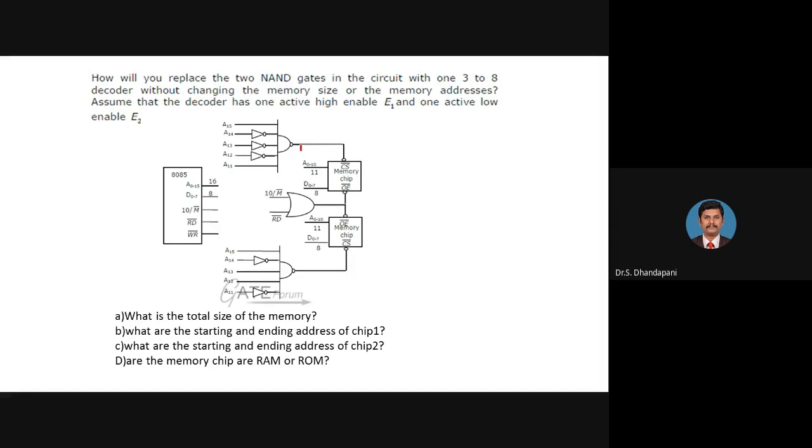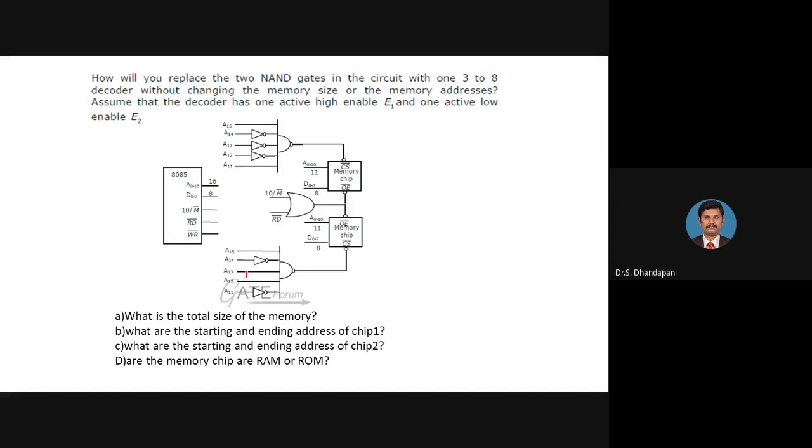The output of this NAND gate is 0 when this line is 1 and these three lines are 0, the last line is 1. Or in other words, 1, 0, 0, 0, 1 means this IC is selected. For the next IC, 1, 0, 1, 1, 0.